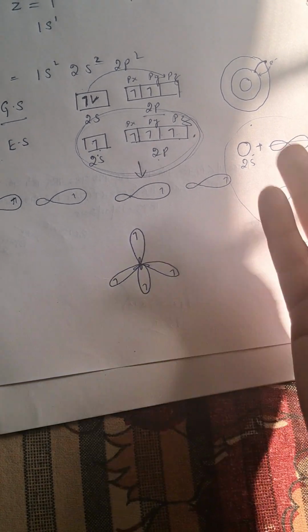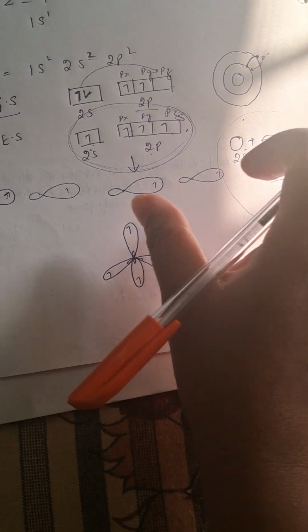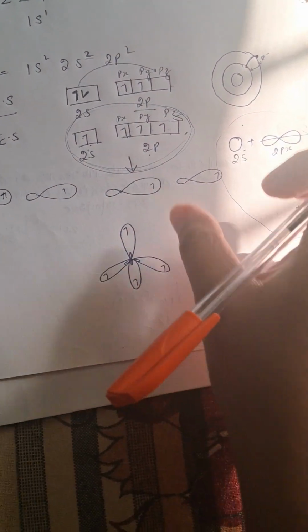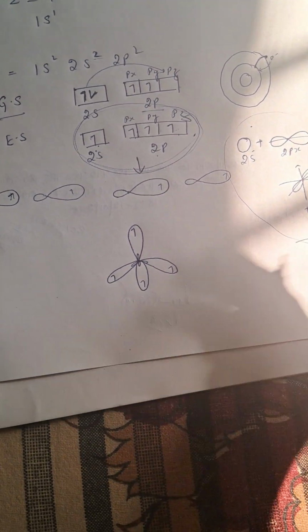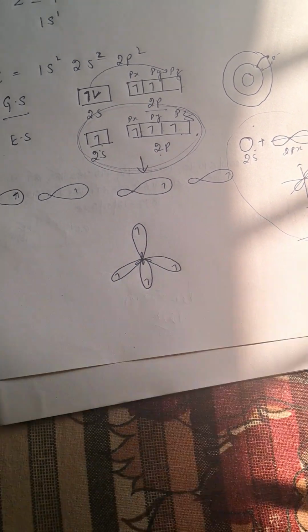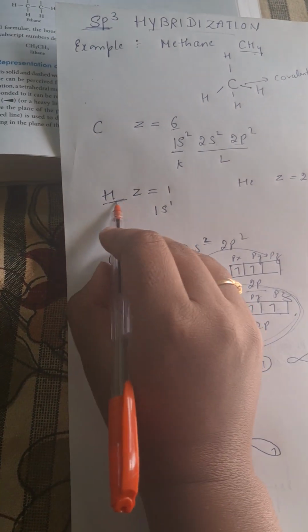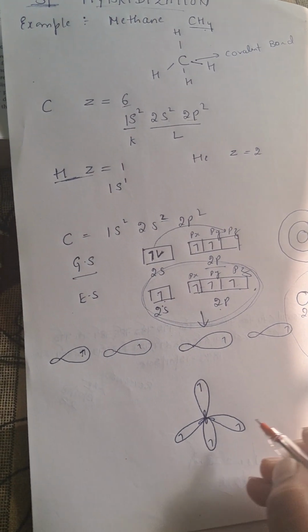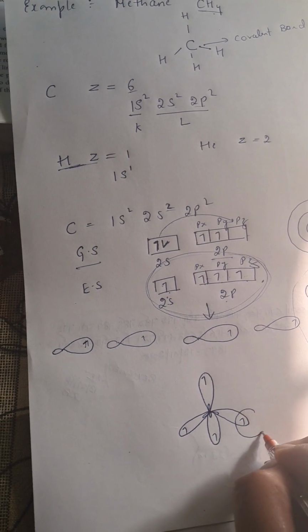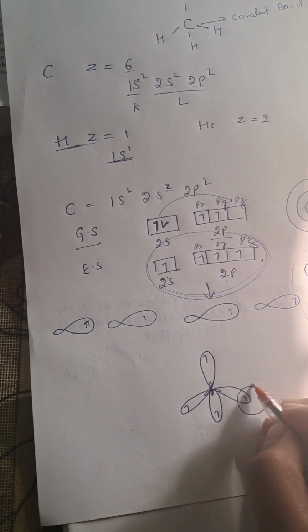As we know, carbon has only 4 valence electrons. How many more does it require to complete its octet? It requires 4 more, and who gives those 4? The 4 hydrogens. Now hydrogen comes into the picture. Hydrogen has configuration 1s, and the s shape is spherical.